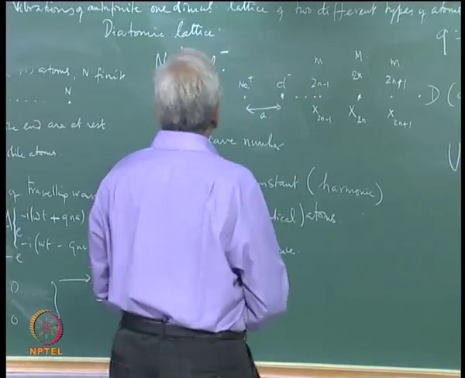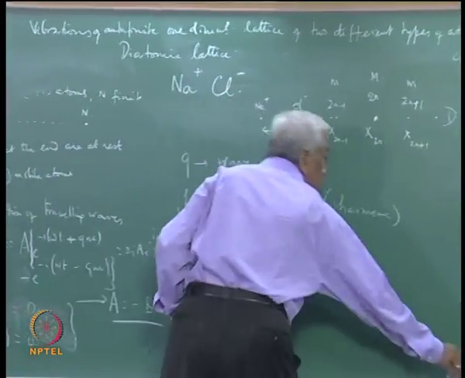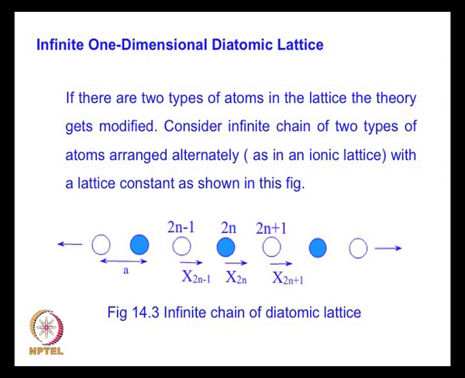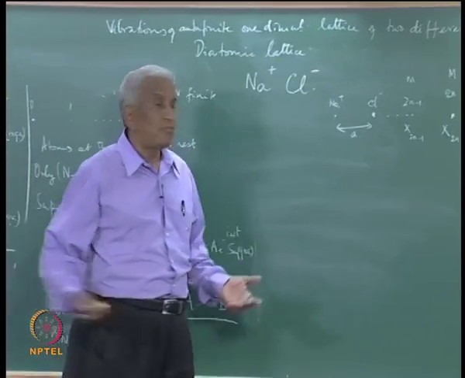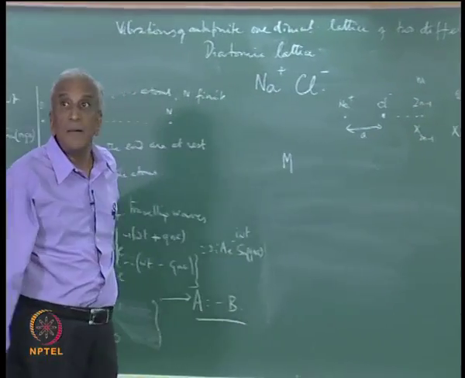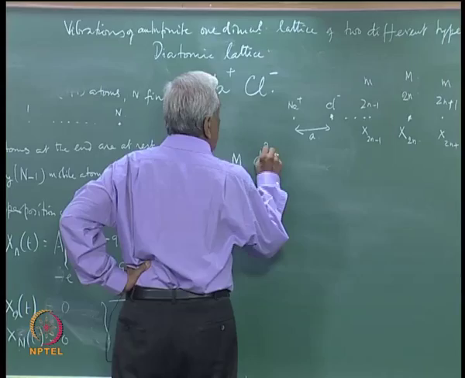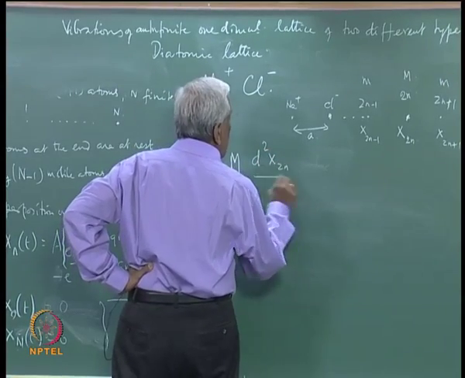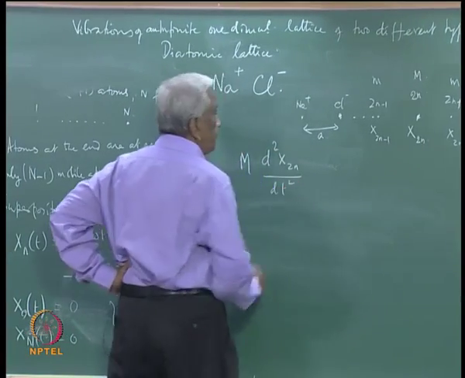So, obviously, the equations of motion are going to be different from that for the monatomic lattice. Let me write the equation of motion. For example, for the atom of mass m, that will be m d squared x 2n by dt squared.